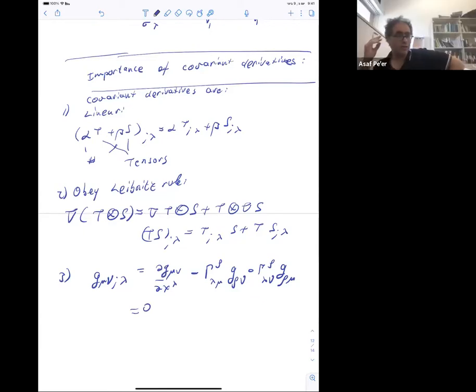You can work the hard way and show it, but there is a simpler way of showing it. Why is it equal to 0?